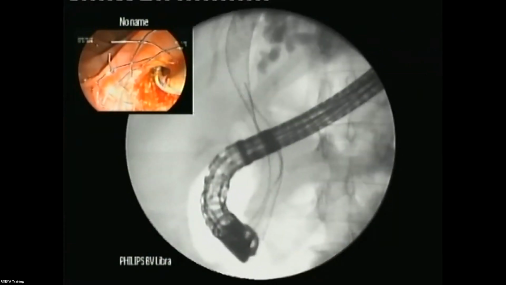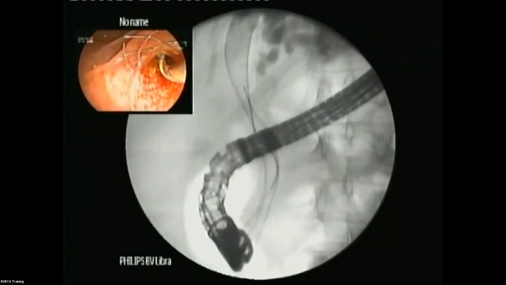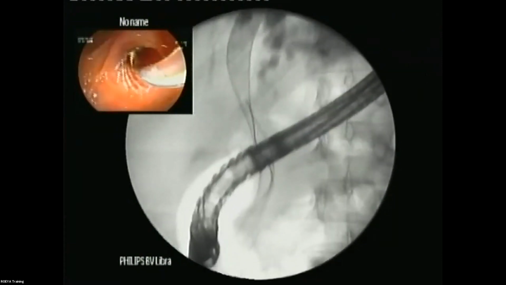So thank you, Hani, for this marvelous work and for good drainage, which may be the only way to drain the left duct, which is enough.